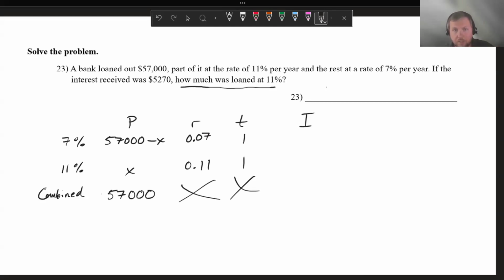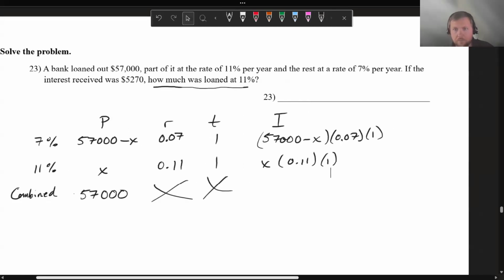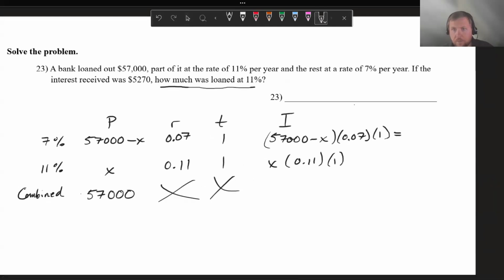So the interest is PRT. So I have 57,000 minus X times 0.07 times 1. And then I have X times 0.11 times 1. So I have 0.07 times 57,000 minus X. And then I have 0.11X.